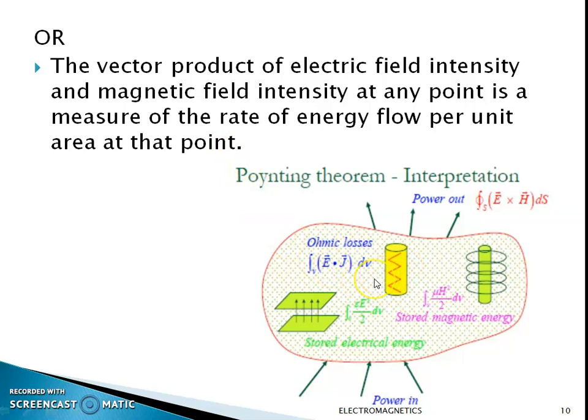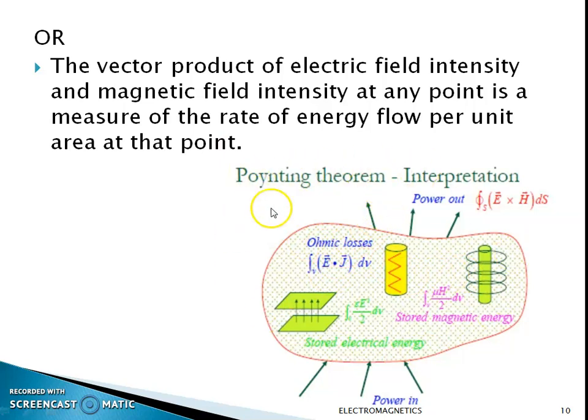So we are going to find out the power at a particular point by using this theorem. By considering that point, the power is the product of the electric field and the magnetic field at that point.